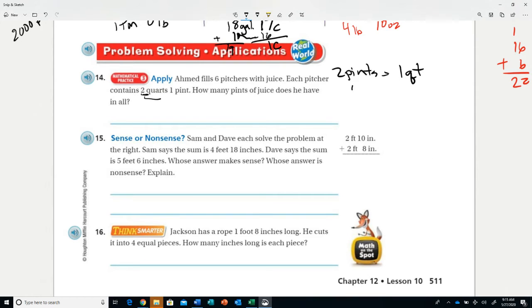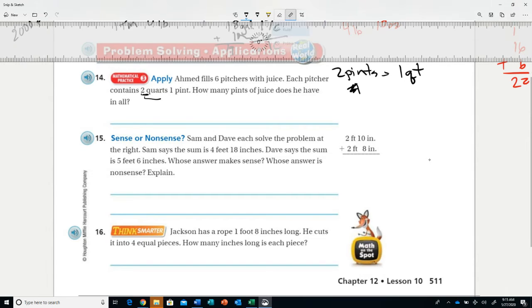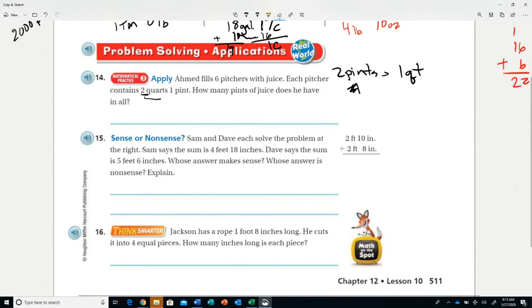So my 2 quarts is going to become 4 pints, plus 1 pint that I already had equals 5 pints. So how many pints of juice? 5 pints. Not too hard.